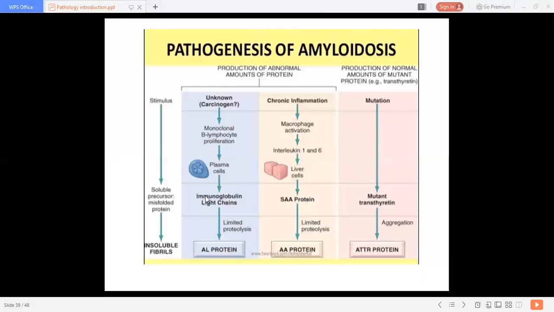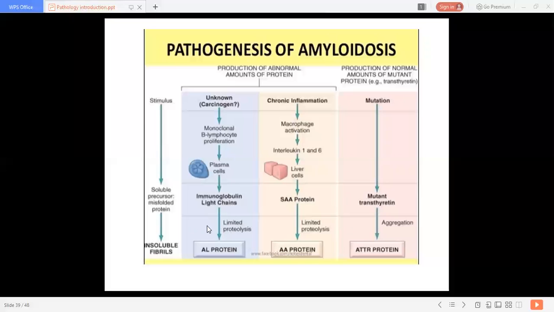In the step of increased soluble precursor protein, the soluble precursor protein rises. Now the partial degeneration, that is proteolysis, occurs in the macrophages.